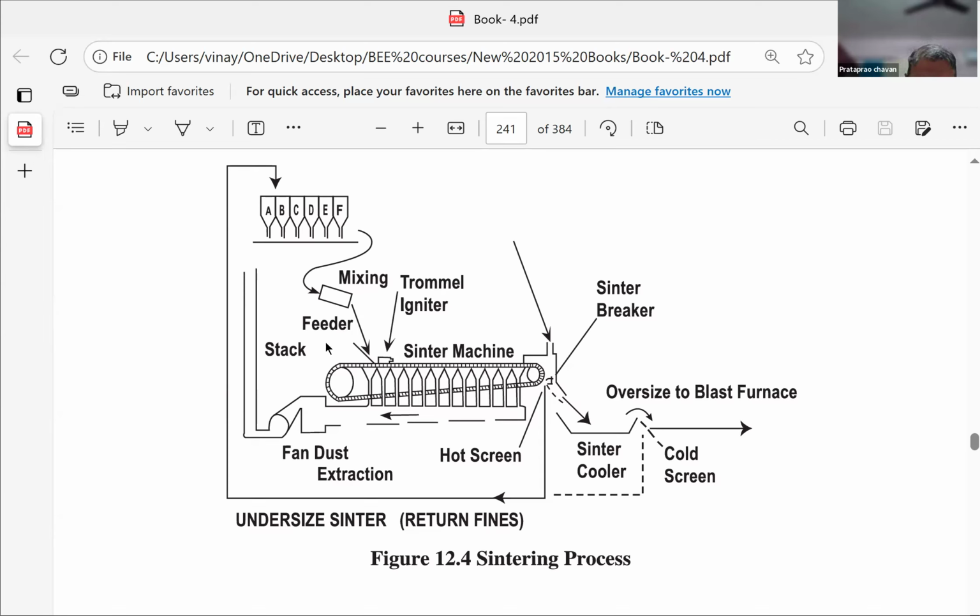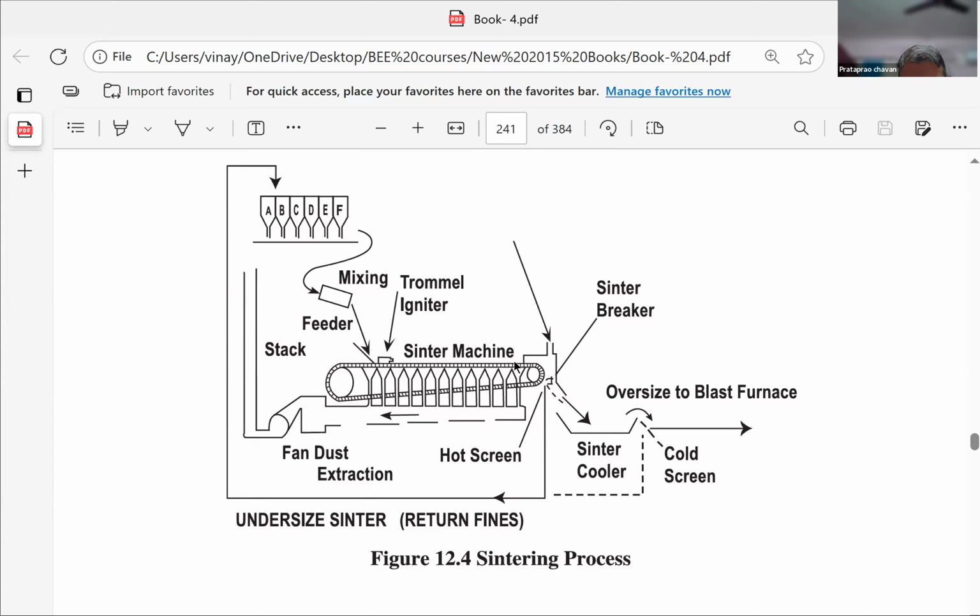He has not shown the border, but I will show a rectangular border here. Inside that, the sintering partially melts. The dust partially melts. Impurities burn out because this sintering process is using some oxygen, and this oxygen will burn all the impurities. Only the ore will be melted and a thin layer of molten metal is formed here.